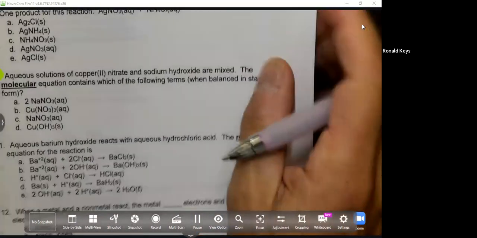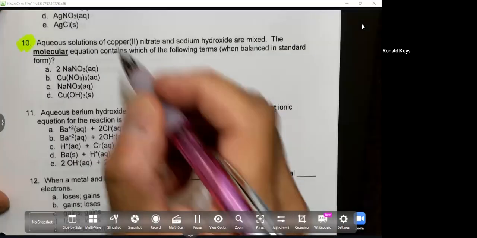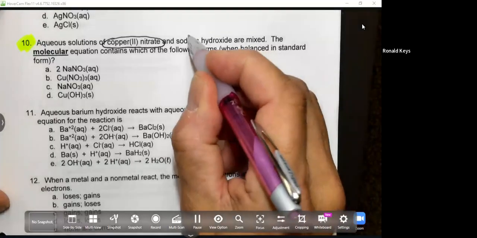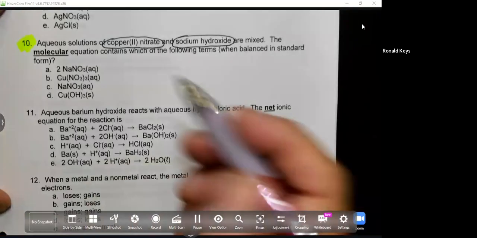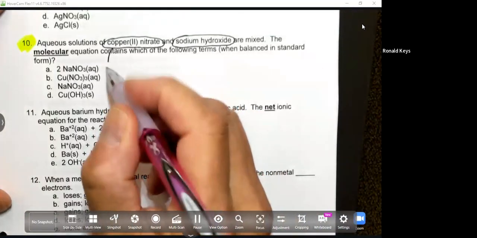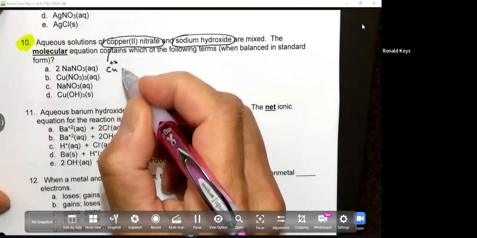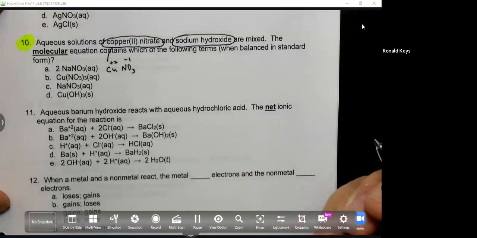Okay. So we need the molecular equation. So we need to just write this out, balance it. We've got copper 2 nitrate and sodium hydroxide are mixed. Okay. So let's start with that. Cu plus 2, NO3 negative 1.